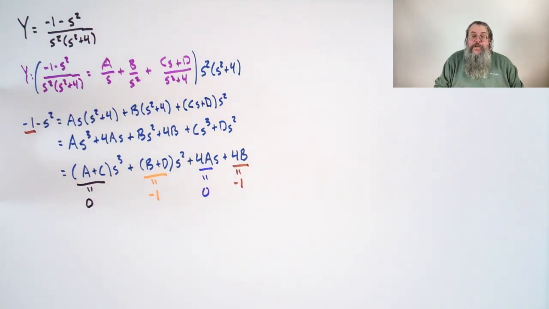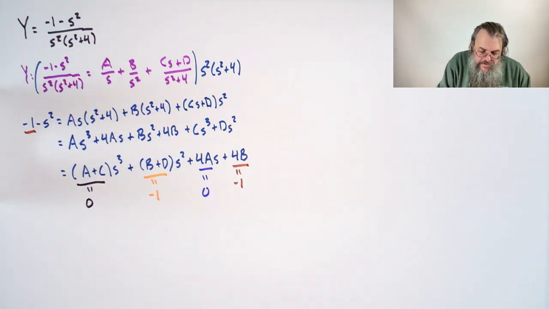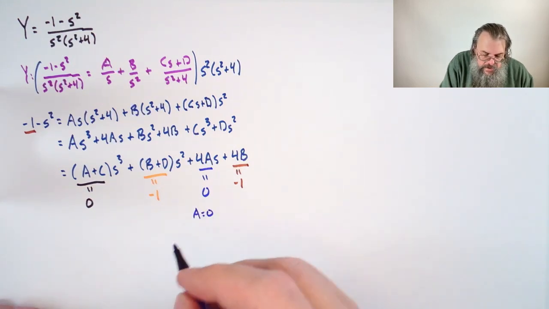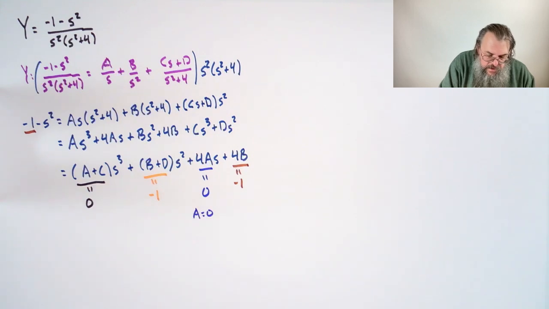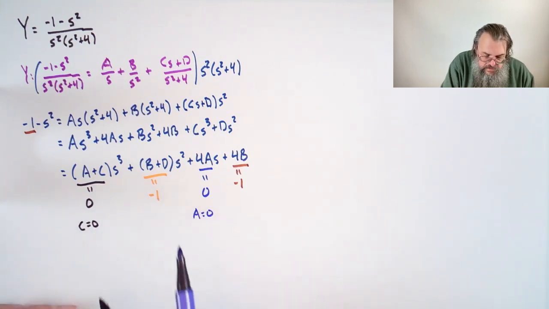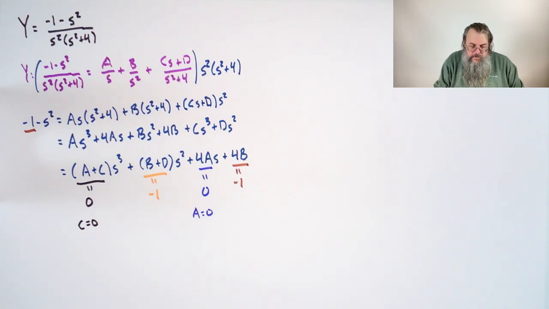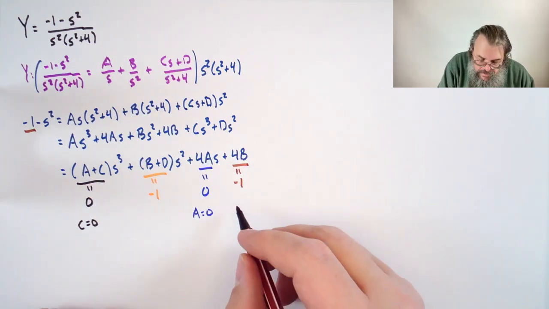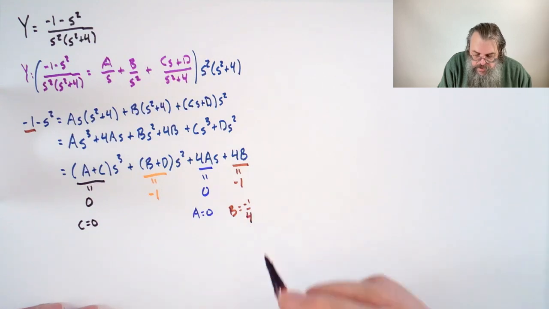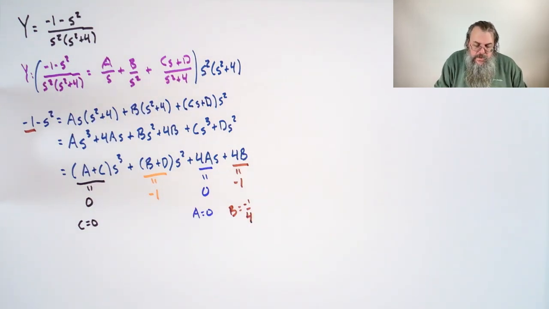Now, some of these are pretty quick. We see here that a has to equal 0, which then comes over here, and that says c has to equal 0, since a and c are both 0. Yeah, deja vu. Well, some things are different, though. We get that b will be -1/4, which is a little bit different than before.